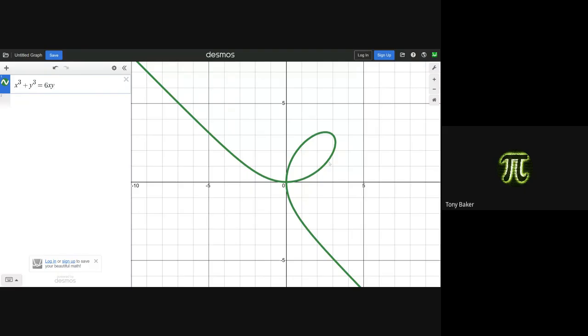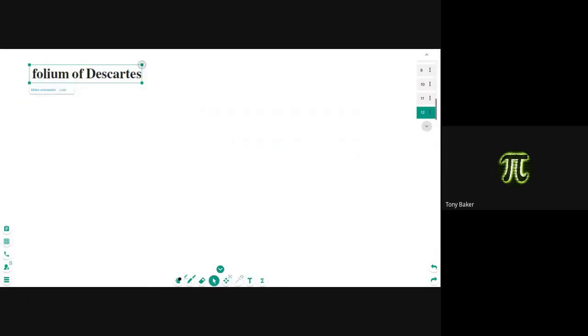There's that wonderful little loopy thing. It has a name. That's what it's called.